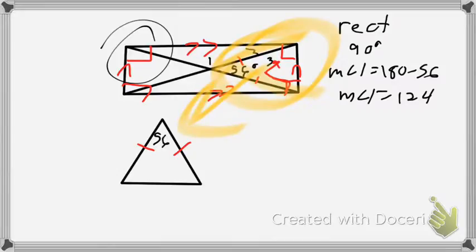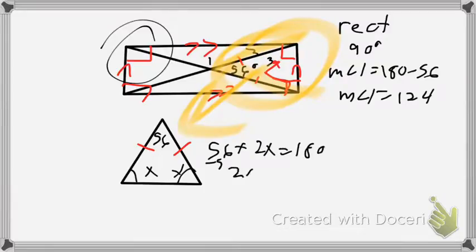We got that 56 up top, and we know that it's an isosceles triangle. Remember, an isosceles triangle has two equal sides and two equal base angles. So we get 56 plus 2x equals 180. Run that through, and we get x equals 62.